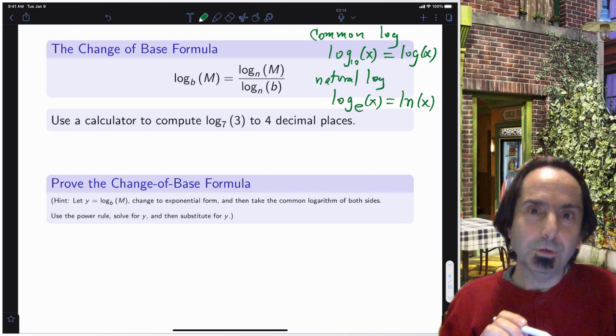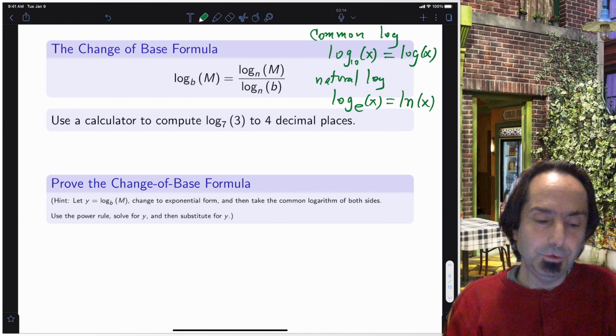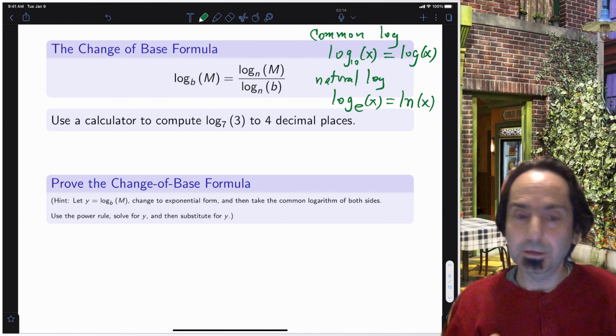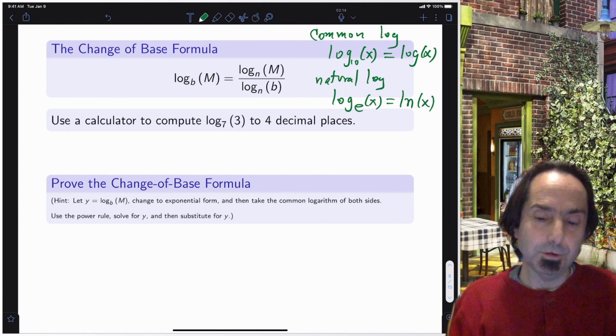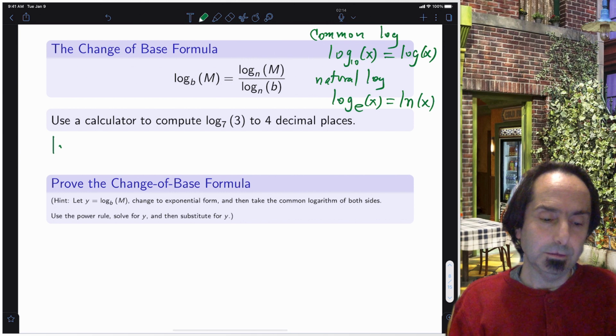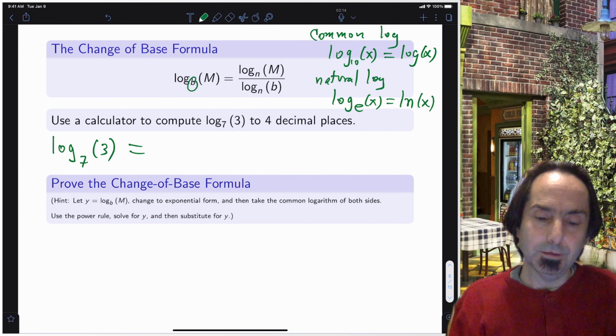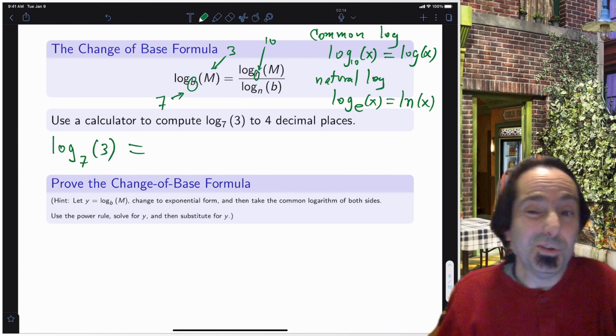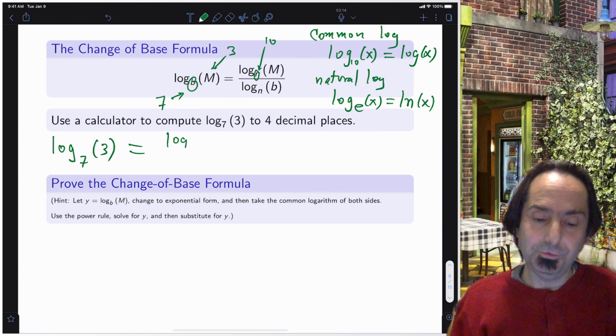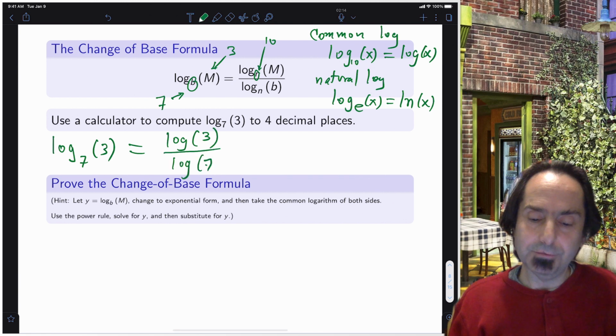And here's what we'll do with this. We are going to be able to use the common log or the natural log to compute a number. So let's see, log base 7 of 3, well, the base is 7, and m is 3, and for this let's use 10. You can do either one, but let's just do log of 3 over log of 7.